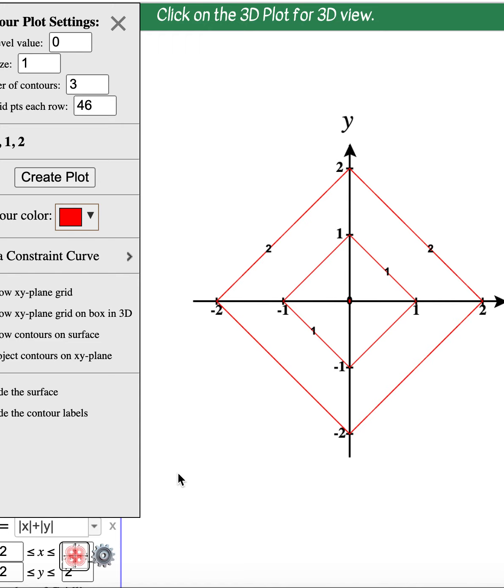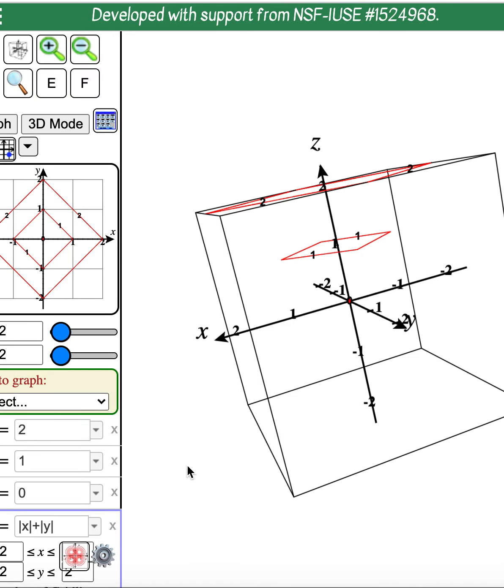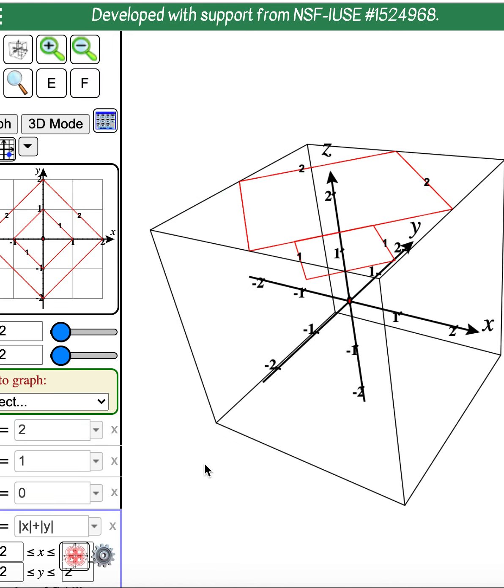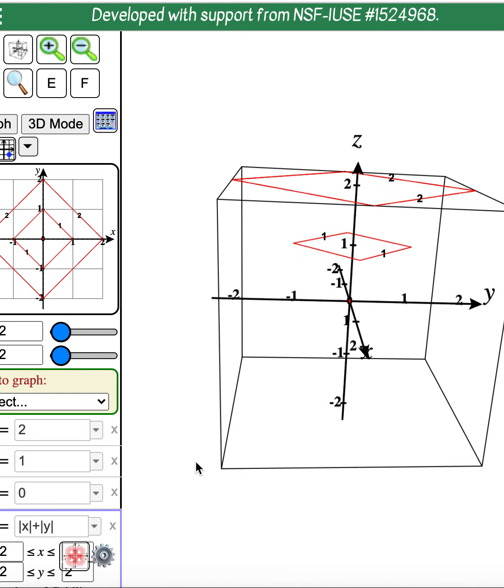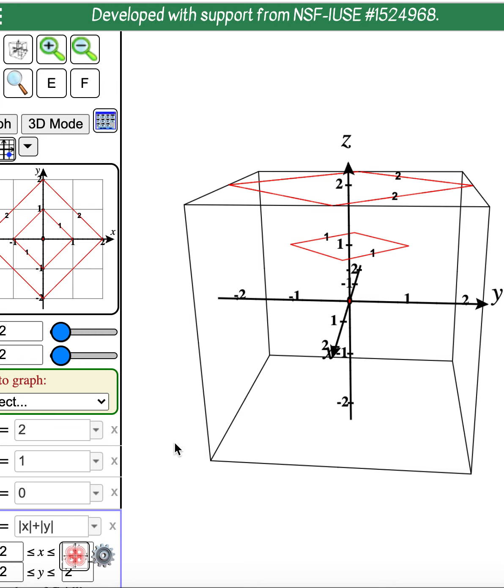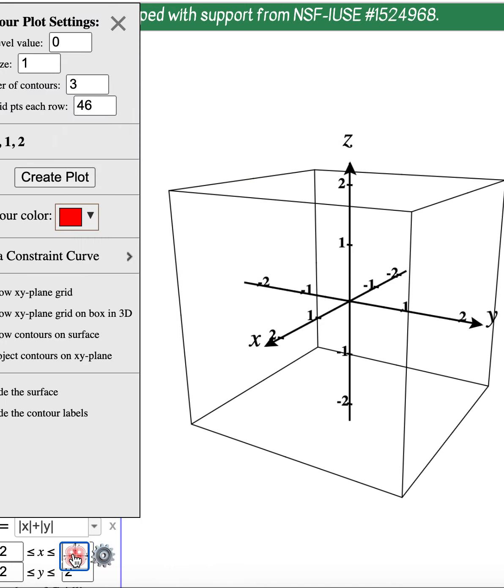Okay, by default, it's going to show you a top-down view, but we can also rotate to see our level curves in 3 dimensions. And we can choose to have the surface showing, or we can hide it. Let's try it with the surface showing this time.